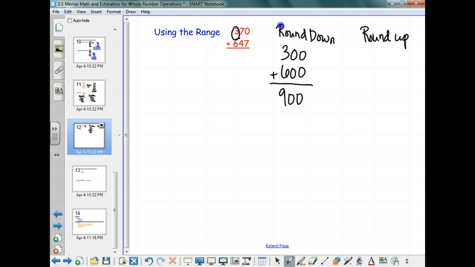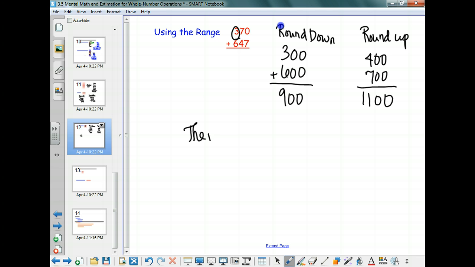And on the other piece, I'm going to round them both up. So the 370 gets rounded up to the nearest 100, which is 400. And the 647 gets rounded up to the nearest 100, which would be 700, to give me a total of 1100. So I'm not actually getting a specific answer, I'm getting a range of answers.